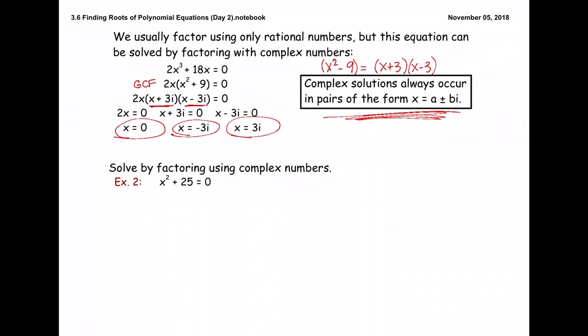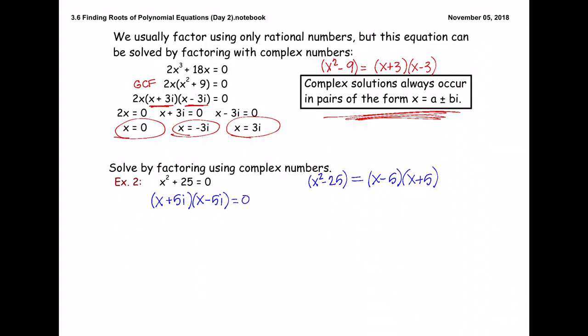When we look at example 2, it says solve by factoring. So if we had the difference of two perfect squares, x squared minus 25, we know that that would factor as x minus 5 and x plus 5. So when we're working with a complex number, we will have x plus 5i, x minus 5i.